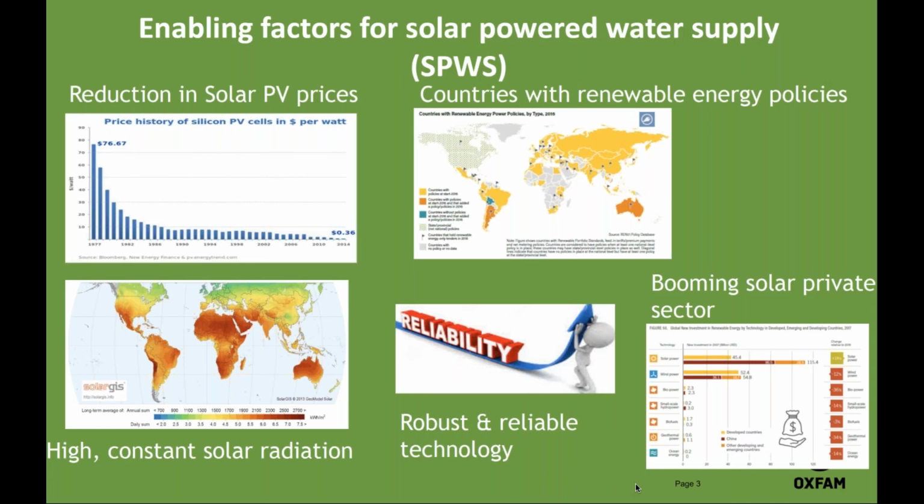There is also high, constant solar irradiation in most humanitarian settings, and this also supports application of solar for water supply. Worldwide, the technology has evolved and is now robust and reliable. And we also have a private sector that is booming, even in developing countries. This private sector has quality products and is able to support implementation of even large projects. Next.